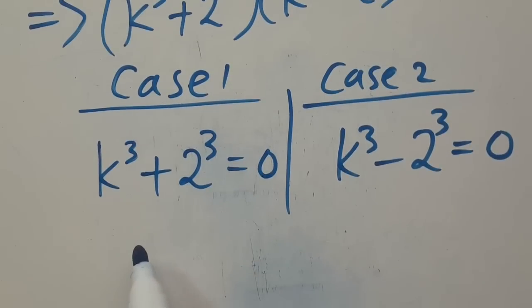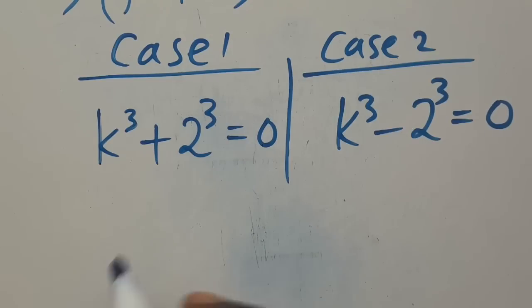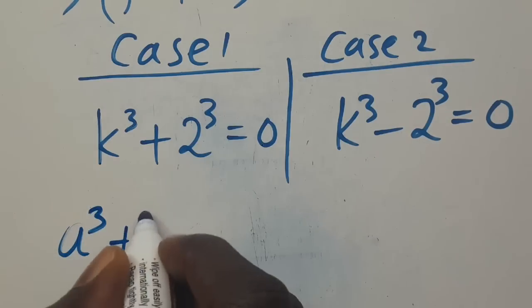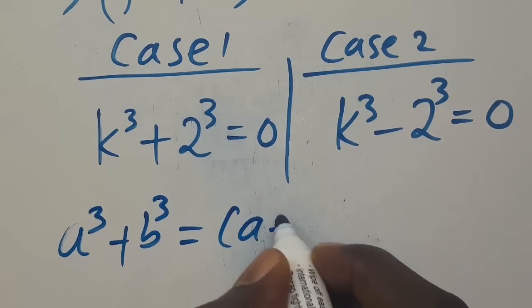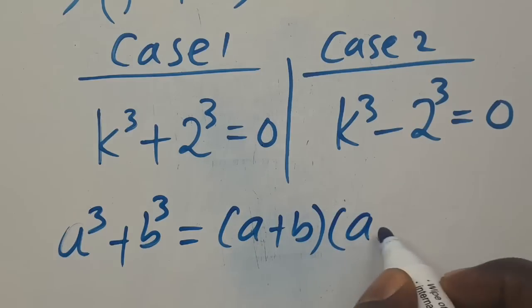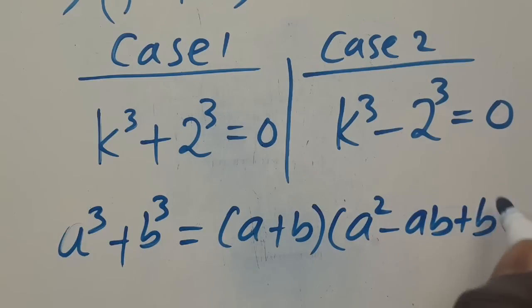Then let's deal with case 1 first. We have this to be a sum of cubes. Remember that when you have a to the power of 3 plus b to the power of 3, it always equals a plus b, all in brackets, multiplied by a square minus ab plus b square.